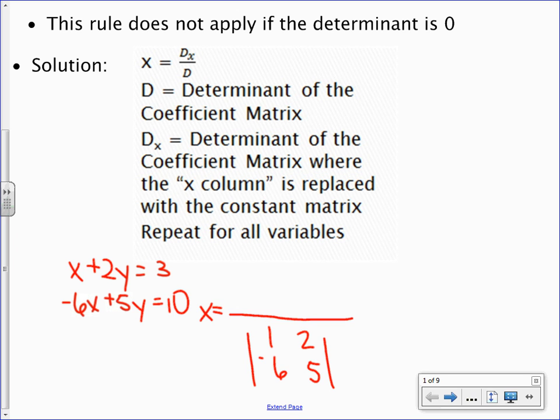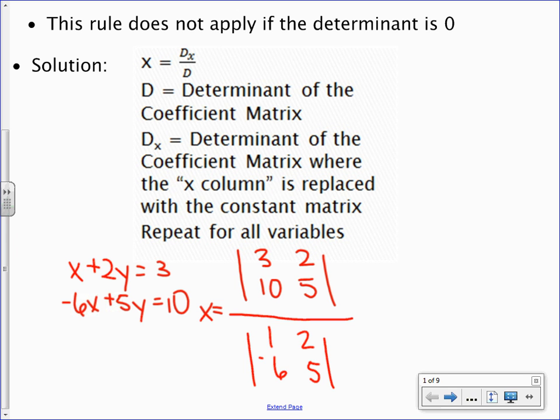This second column is our y coefficients. Are you with me? Since we're solving for x, we're going to replace the x column. So we're going to have the same coefficients for y, but instead of writing our x coefficients, we're going to write these constants on the other side of the equal sign.